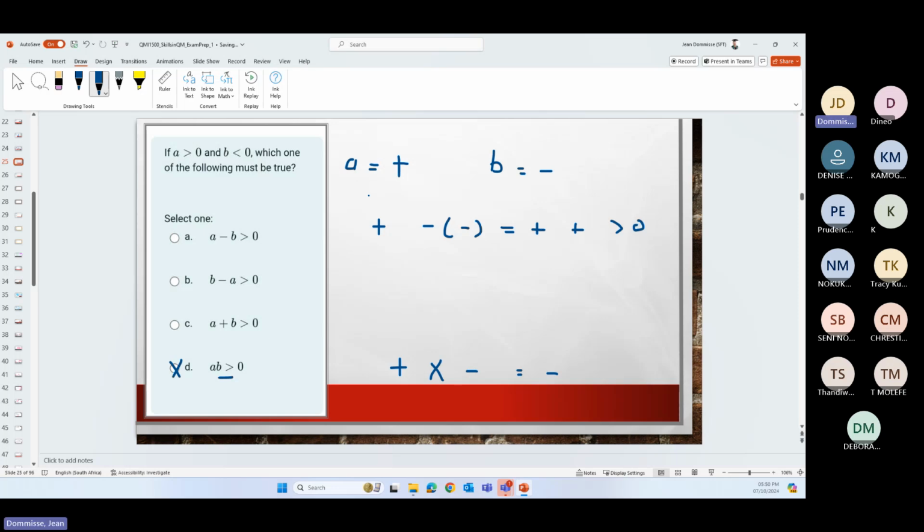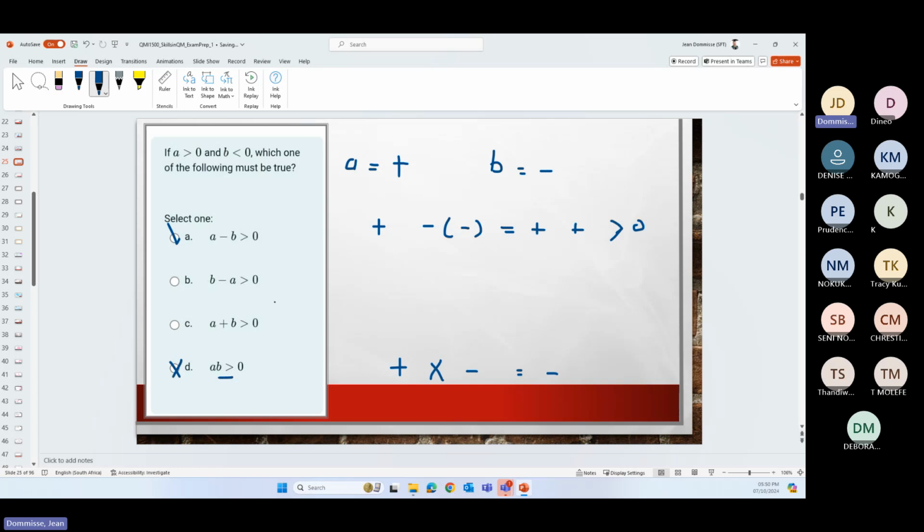So if we said 5 negative times -7, it would have been 5 plus 7. So negative times the negatives will give us a positive. So that will be bigger than 0. So that is correct.